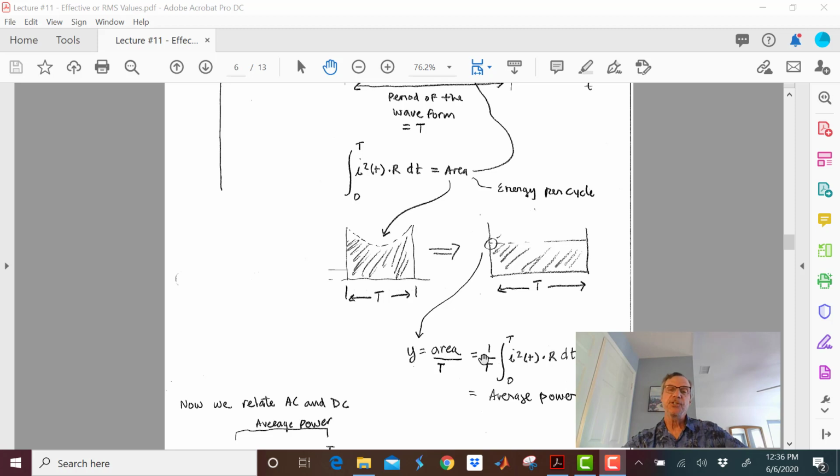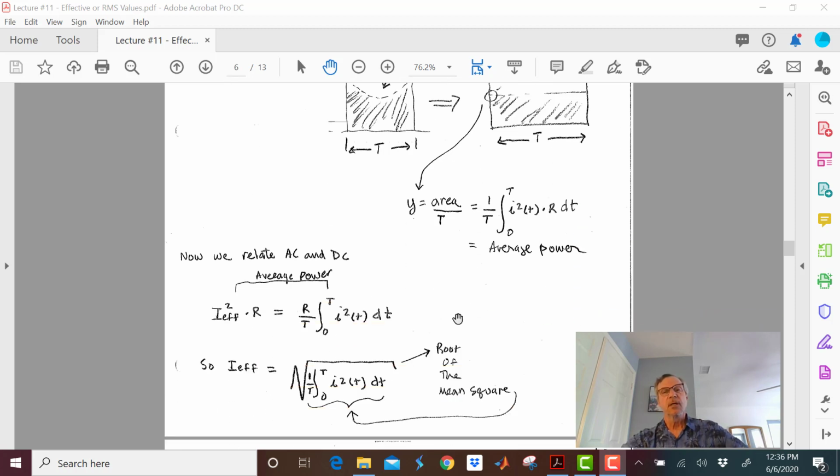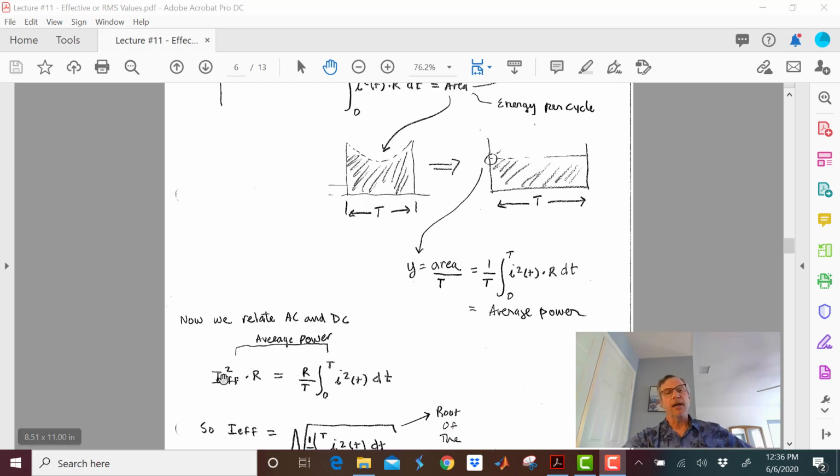Now let's relate AC and DC. So my I squared effective times R, which I got from the DC, now we substitute in our average power from the AC.